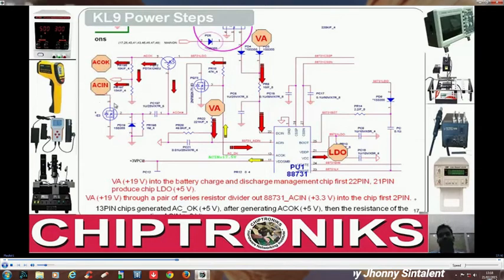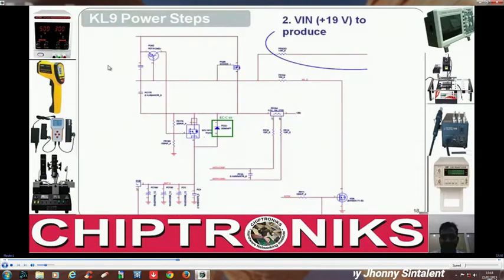It's a kind of digital output which indicates to the IO controller that yes, the AC adapter is present. Now this AC OK signal, you can notice over here, is going to a transistor and another to a P channel MOSFET, right?